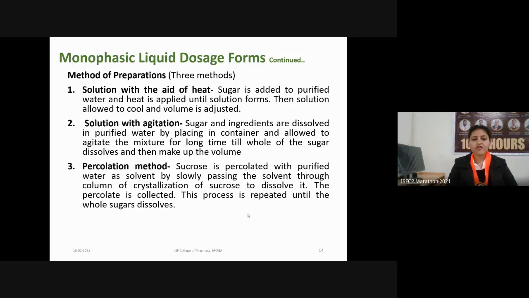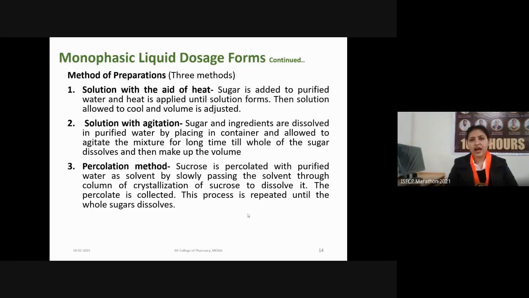First is solution with the aid of heat. Sugar is added to purified water and heat is applied until a solution is formed. This solution is allowed to cool and the volume is adjusted. It means we simply have to take the sugar and dissolve it into the water by heating it.